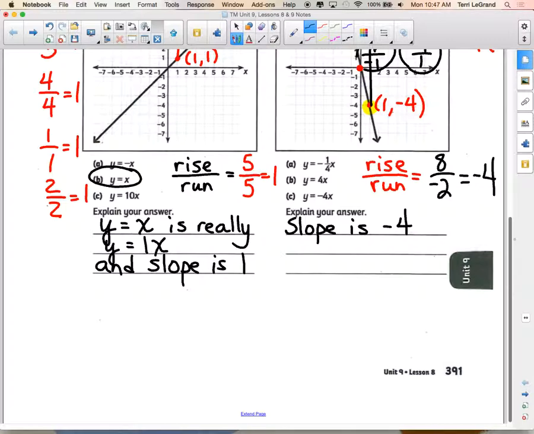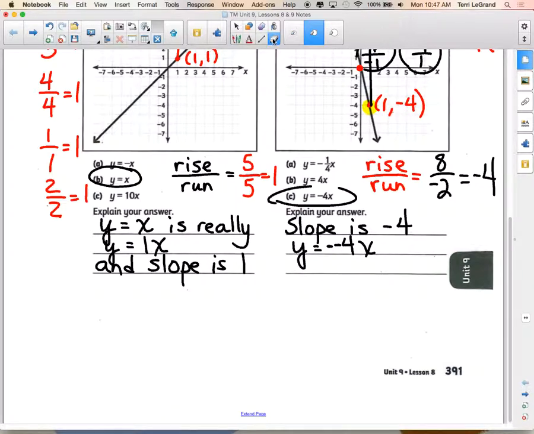In which equation is -4 the multiplier? Equation A, B, or C? C. So y equals -4x. Oh, mine is skipping there for some reason.